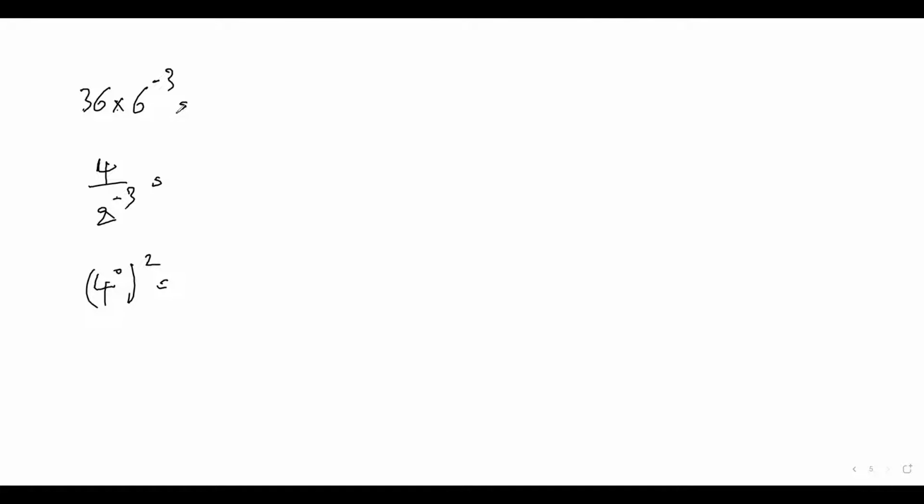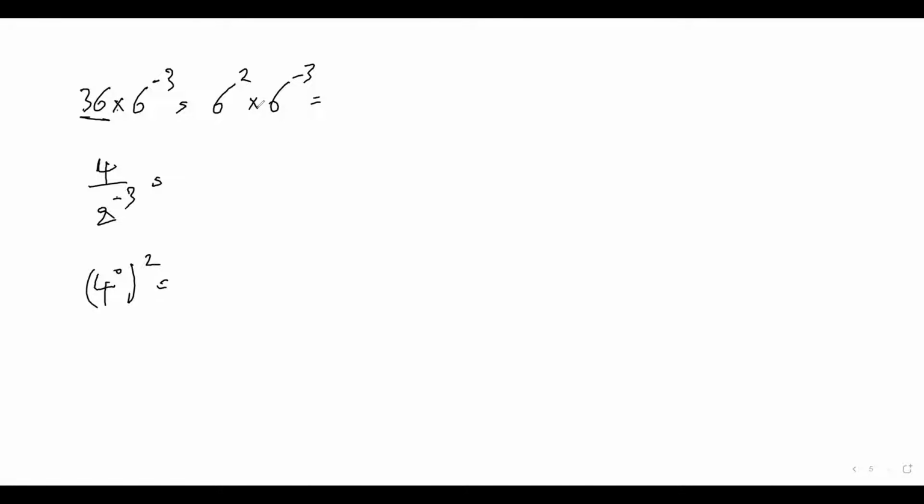Well, 36 is a famous number. I hope you have listened to my advice before and memorized the squares of all the digits from 1 to 10. 36 is nothing but 6 to the power of 2, and we have 6 to the power of negative 3. Well, you don't need to bring this down.